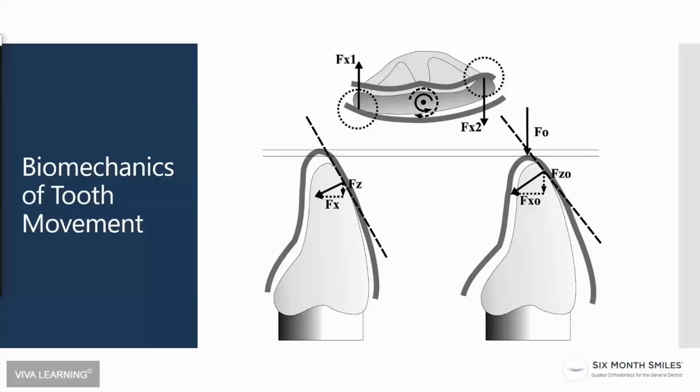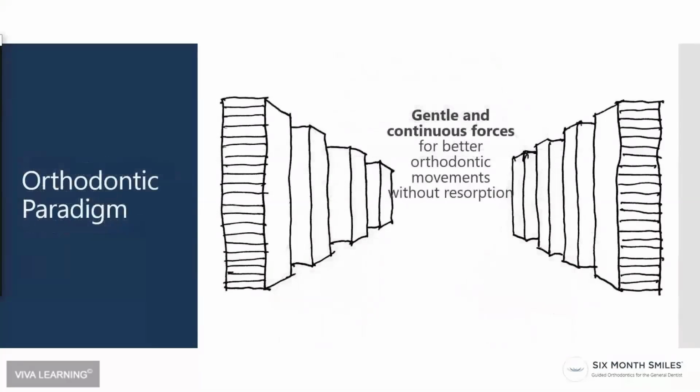for better orthodontic movements. And this is important because you can move teeth with anything. Basically, any appliance can move teeth. But the difference is that the orthodontic paradigm tells us that moving teeth in a controlled manner will avoid resorption, and that's what we aim for.